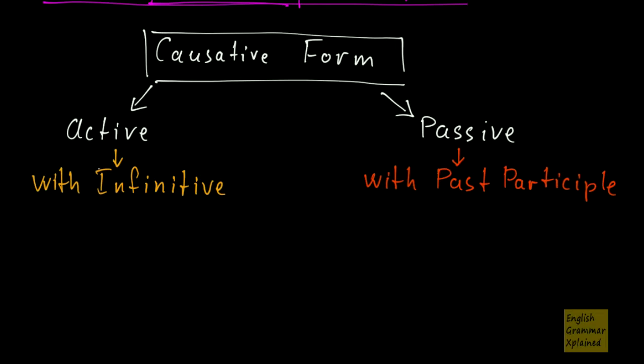Why is causative form with an infinitive active? Because object number 1 actually performs the action. It does something.